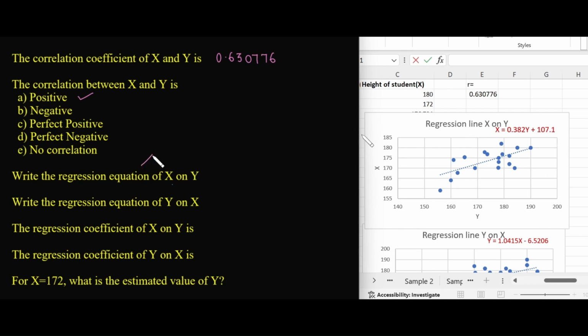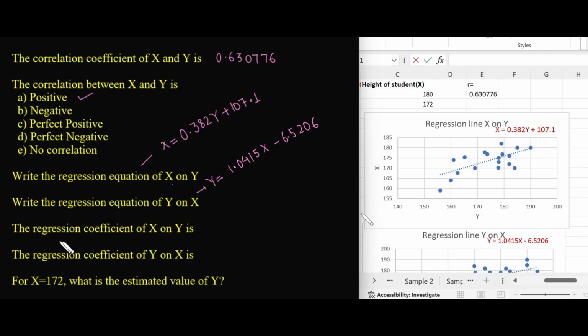So the regression equation of x on y is x = 0.382y + 107.1. The next question is the regression equation of y on x that is given in the second chart. That is y = 1.0415x - 6.5206.